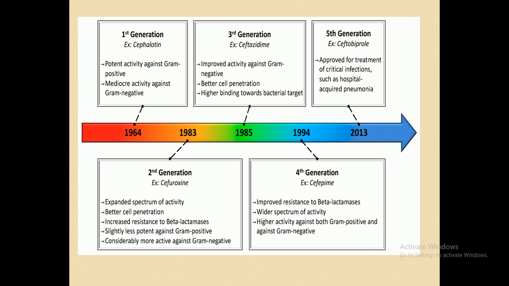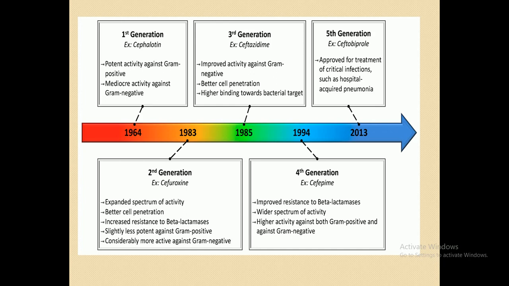After that, fifth generations were also developed, but they are still under investigation. The fifth generation is called ceftobiproles. It is approved for treatment of critical infections such as hospital-acquired pneumonia, in 2013. Now, inshallah, with the passage of time, you will see more and more.